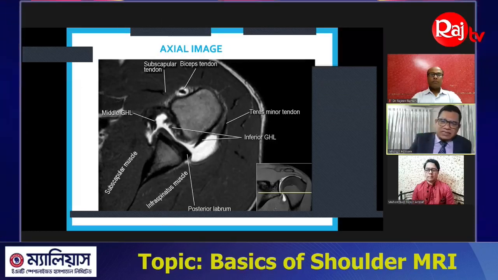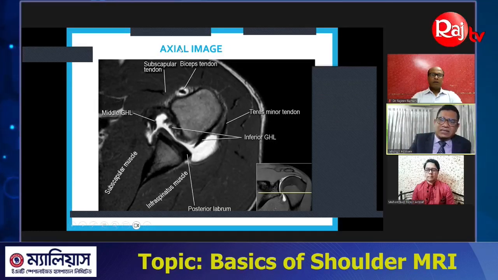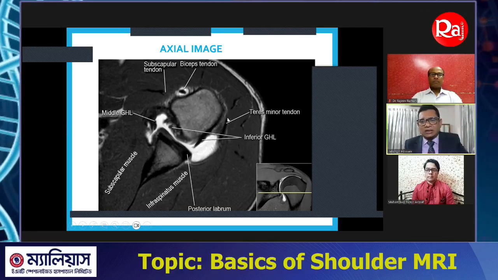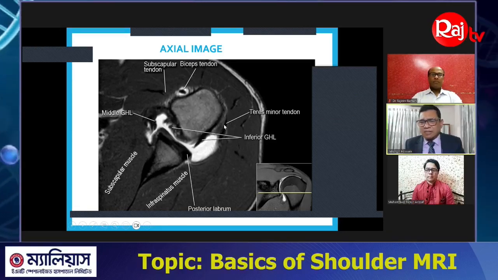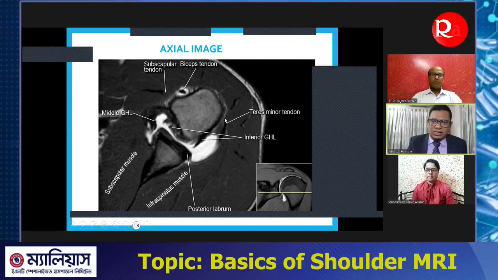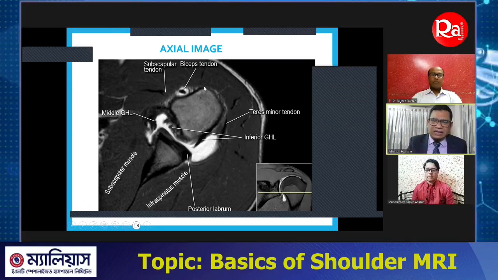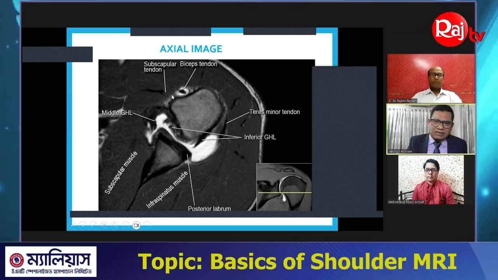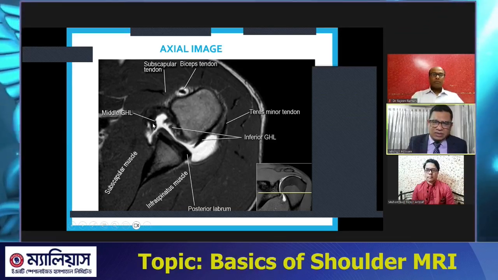And on the next slide of the axial image, I remember this is a bit lower. There is only one tendon coming, that is the teres minor tendon. So this is not infraspinatus, this is not supraspinatus. Only the teres minor tendon comes here, and this is the biceps tendon, and the subscapularis tendon is still there, and the medial glenohumeral ligament.